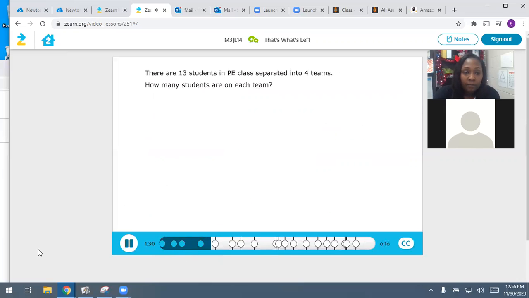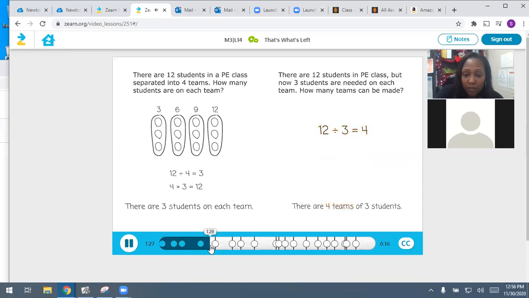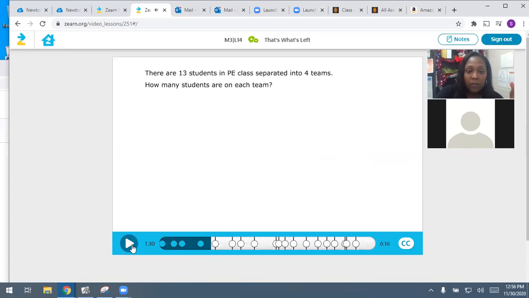Let's change the story again. Okay, we're not going to change the story yet. We're going to come back next time to change the story because then we're going to start to deal with remainders. But what you need to understand about this is that if I switch it and say I wanted 4 teams, or I could say I want 3 students, I was still going to use the same array.